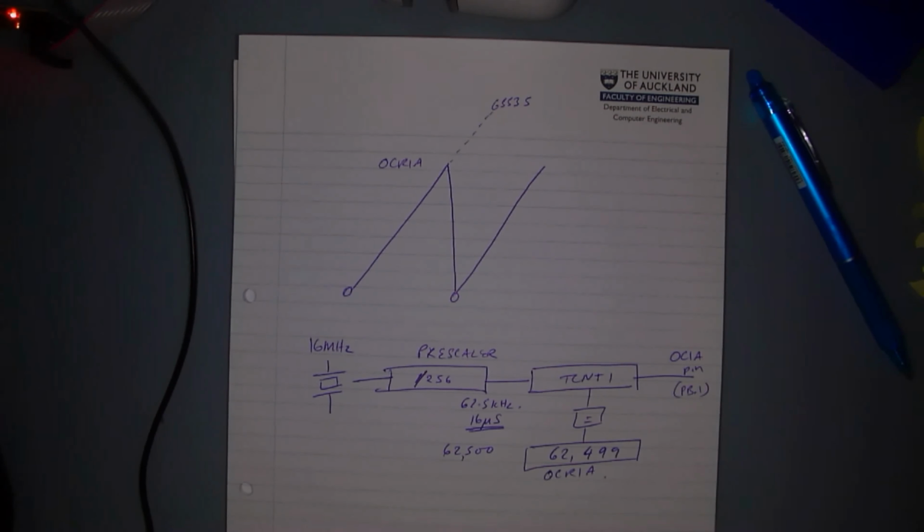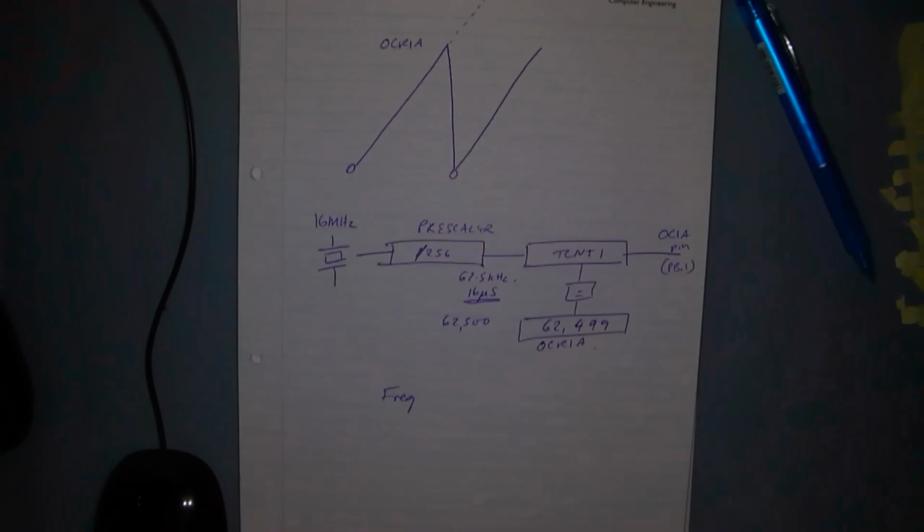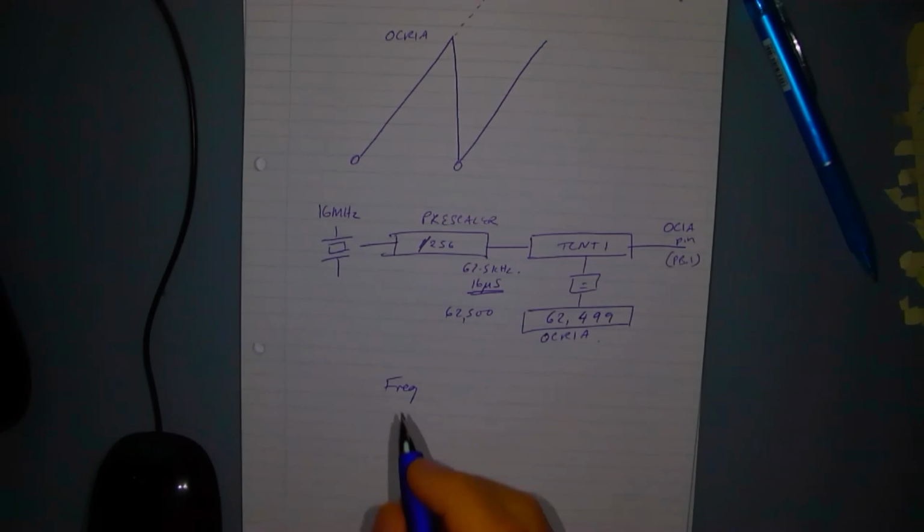Now, what we've got here is the period of time that this is taking. So what is this? We've got our frequency and our prescaler. There's our frequency coming in, and then we've got our prescaler value here.